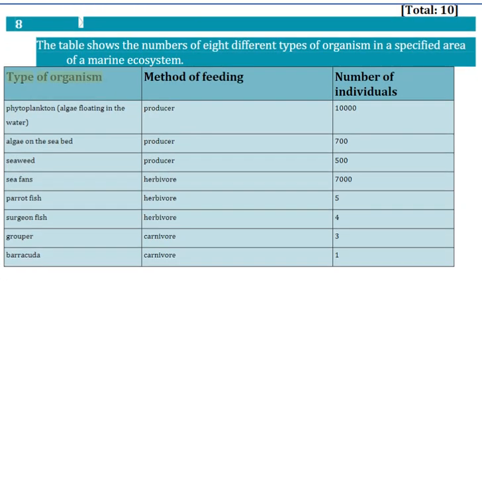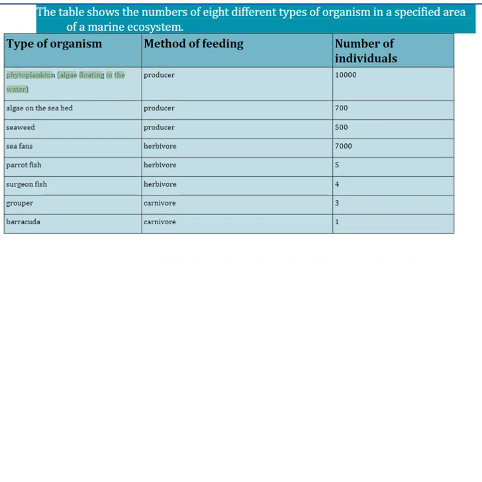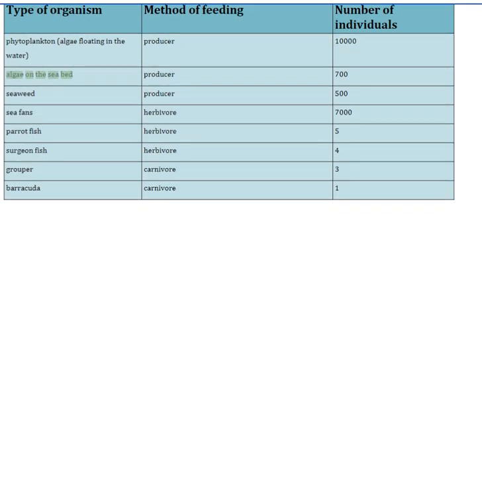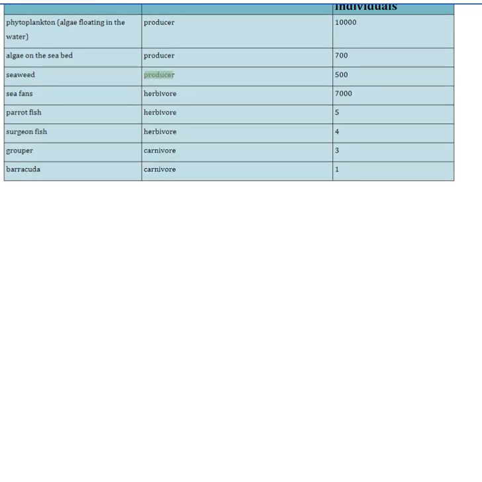Type of organism, method of feeding, number of individuals. Phytoplankton, producer, 10,000. Algae on the seabed, producer, 700. Seaweed, producer, 500.